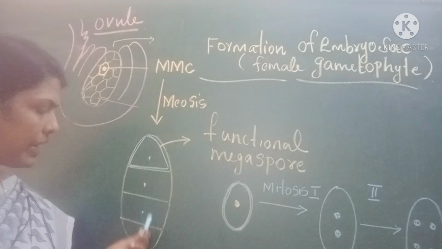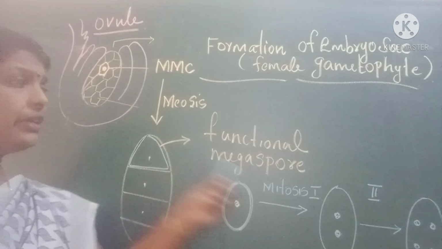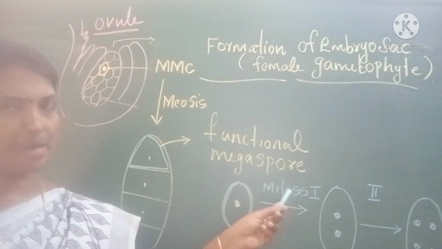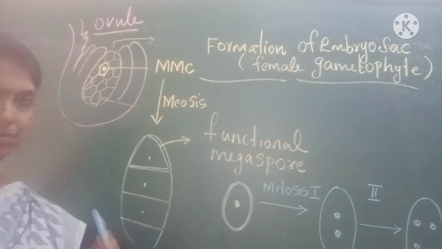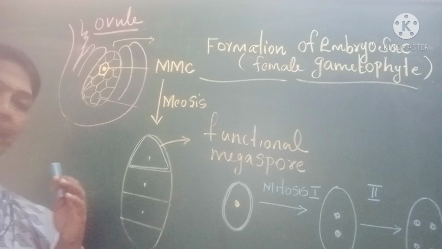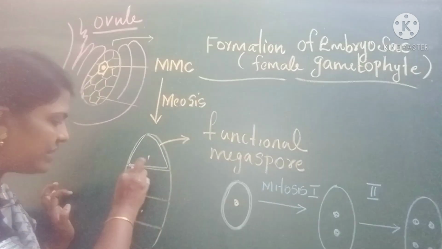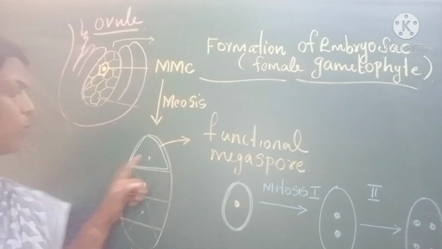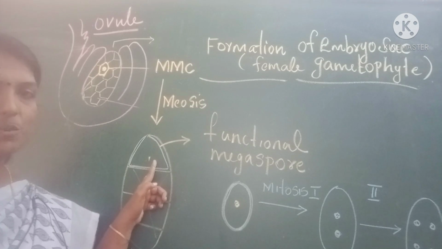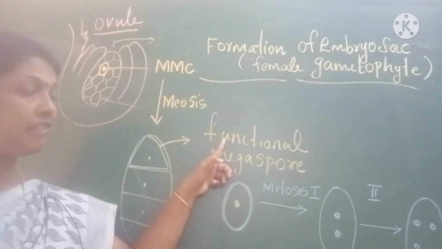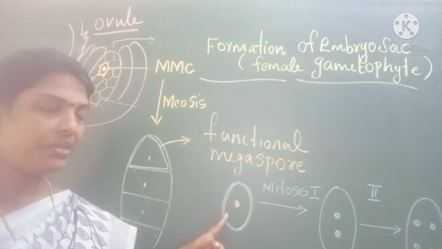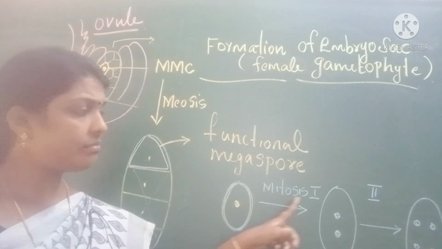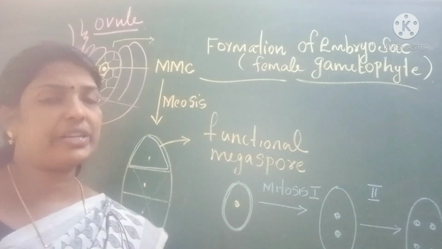But these 4 megaspores do not develop into what? Female gametophyte. Only 1 develops into the female gametophyte. The other 3 will degenerate, and only 1 megaspore becomes functional. That is called the functional megaspore. This functional megaspore will next undergo successive mitotic divisions.